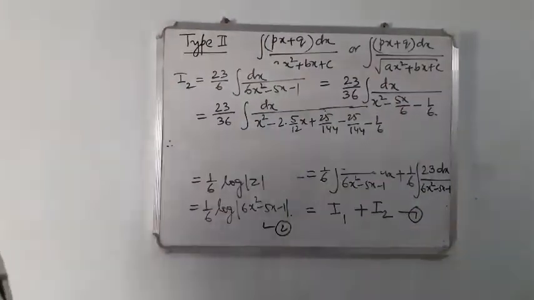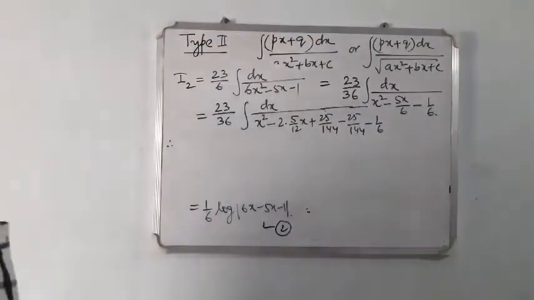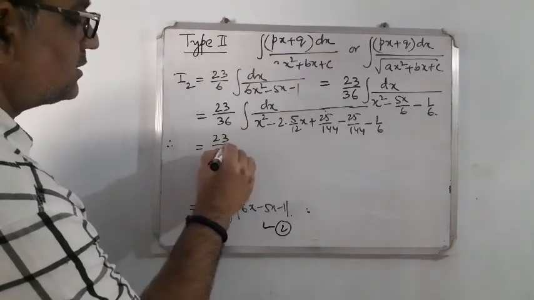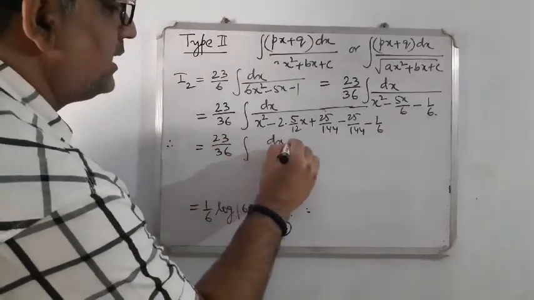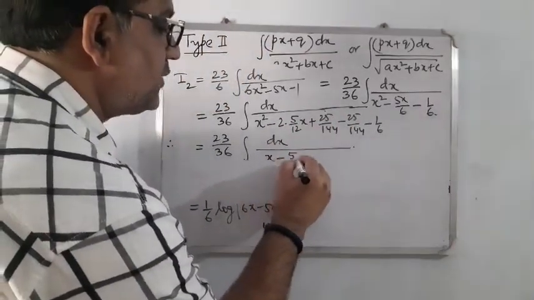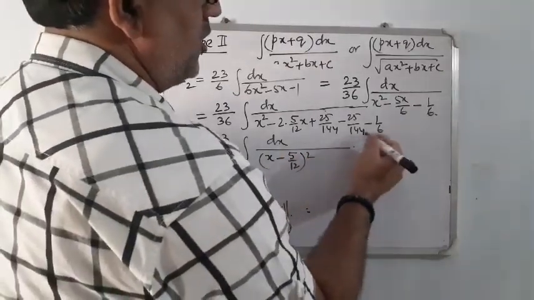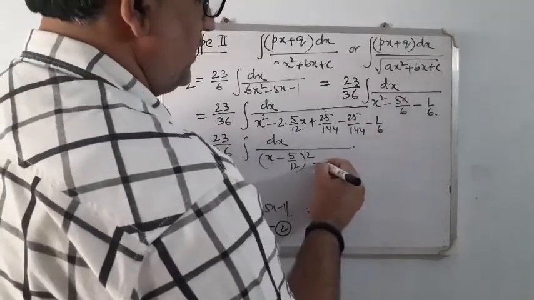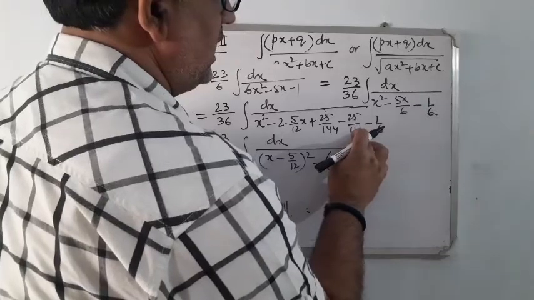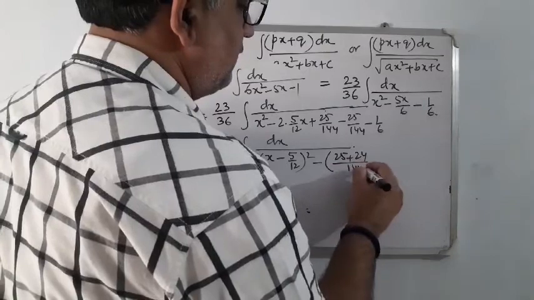So now what happens? After writing this, you can write, that is, this is equal to 23 by 36 integral dx by, here you will have x minus 5 by 12 whole square, and then if you take minus common, you will get minus common, that is 25 plus 24 by 144.